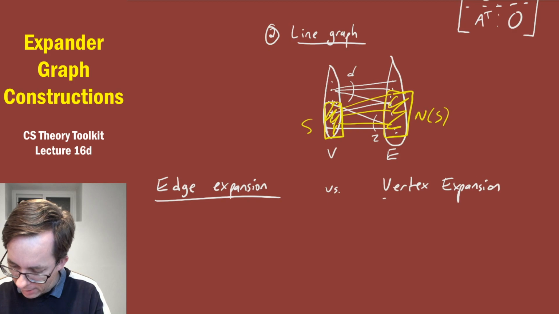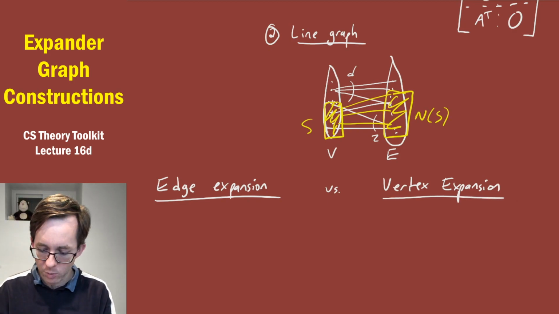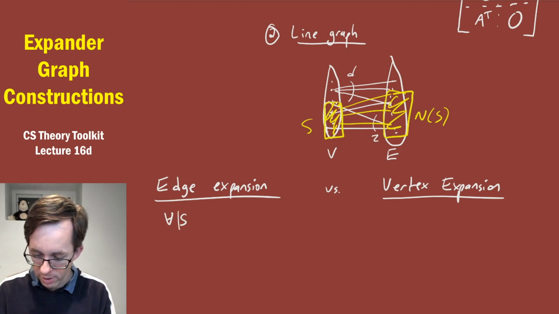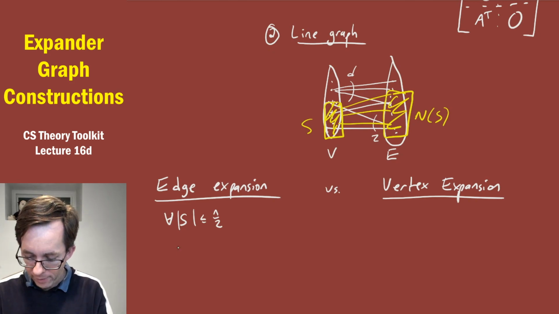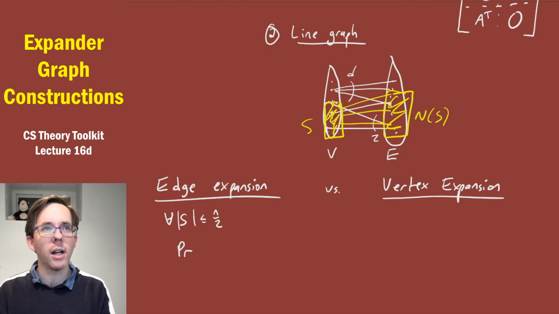So an edge expander is one that satisfies something like this for all sets of vertices S of cardinality at most half the number of vertices n: the fraction of edges on the boundary of S is a good proportion of S itself.